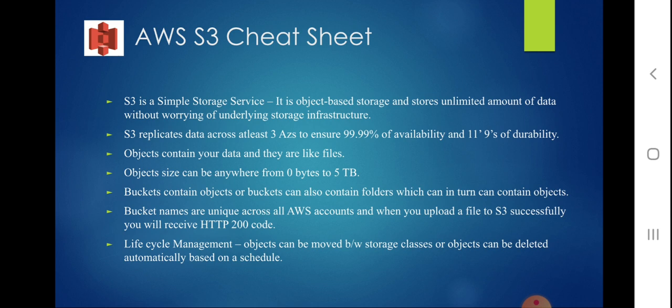The difference between the region, the availability zone and the edge location, I'll cover in one more video. The main difference is that a region is a geographical location which can contain more than one availability zone, whereas an availability zone is a data center where the servers, applications, or network infrastructure reside.